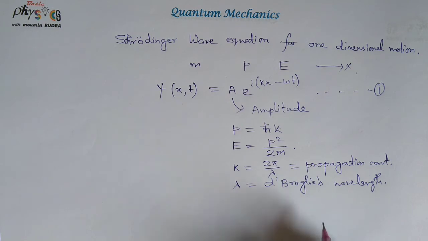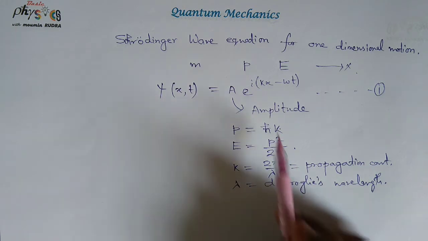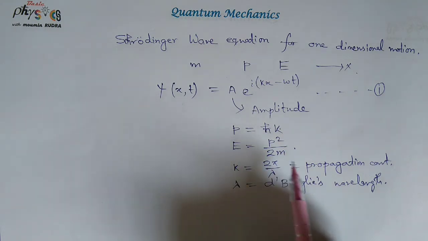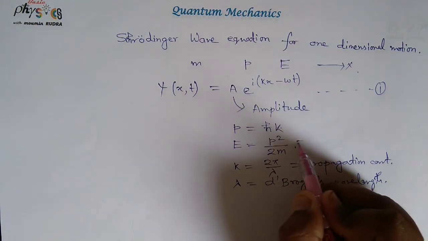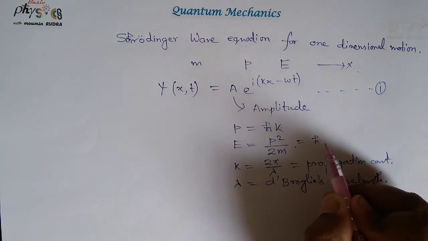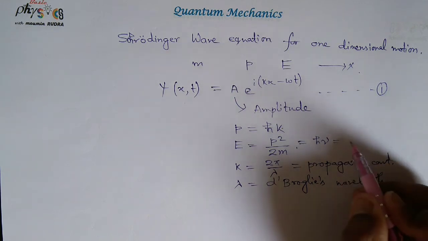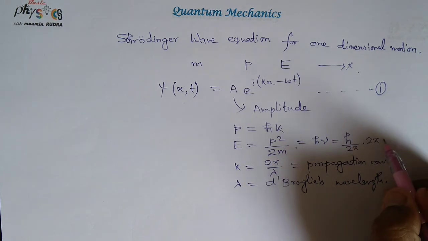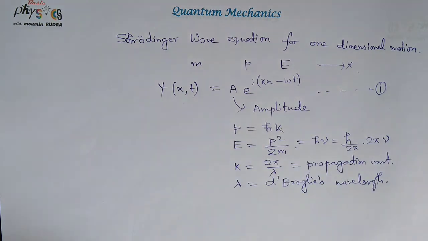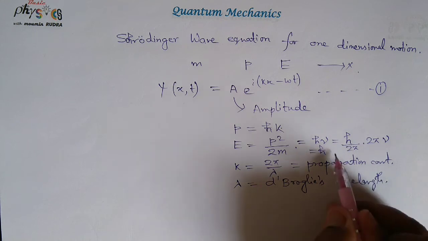Now replace this equation in terms of p and E. The energy E equals h nu, which is h by 2 pi into 2 pi nu, where nu means frequency. Here h by 2 pi means h bar, and 2 pi nu means omega.